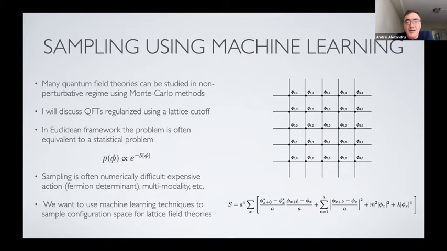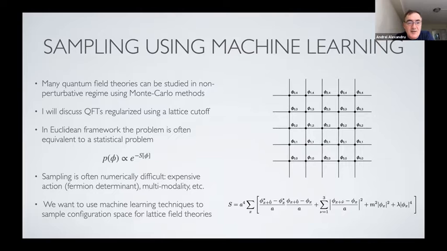By that, we mean, for people that are not practitioners, that we actually sample the quantum fields on a grid of points and describe the problem using a large dimensional integral. In the Euclidean framework, this problem is often equivalent to a statistical mechanics problem. There are exceptions to this, but the focus here will be on theories where this is the case.